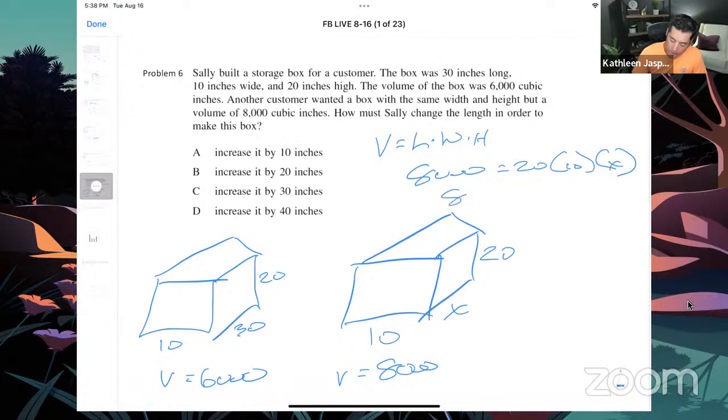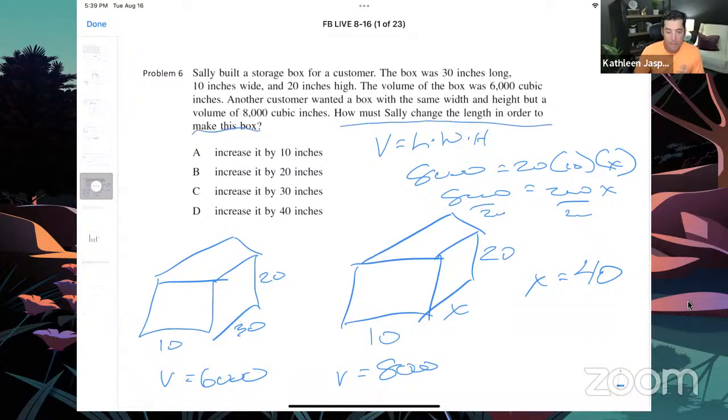So then I have 8,000 is equal to 200 X. Divide by 200, and I get 40. X equals 40. Now, make sure that when you're doing this, you pay attention, because the question says, how must Sally change the length in order to make this box?